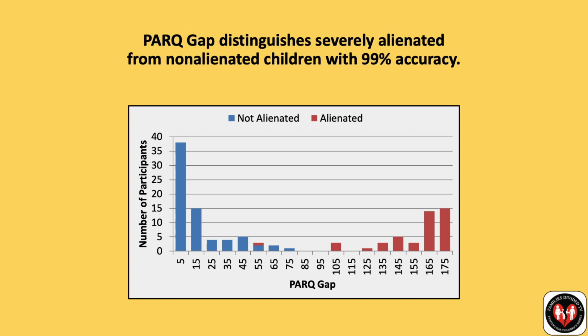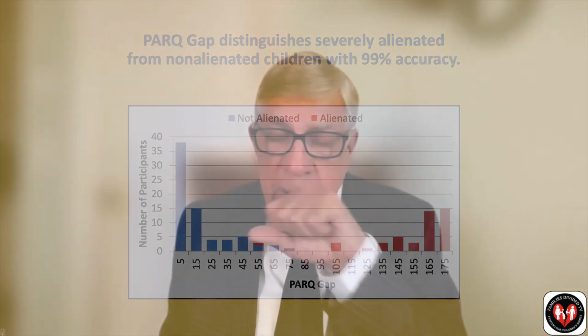And there was one child who's red, on the left-hand side, which is okay. This is a little girl who was considered severely alienated, but who actually did not have such a high gap. In other words, if you look at all of our subjects together, 99% of them were accurately identified as either severely alienated or not alienated by the use of this fairly simple test.